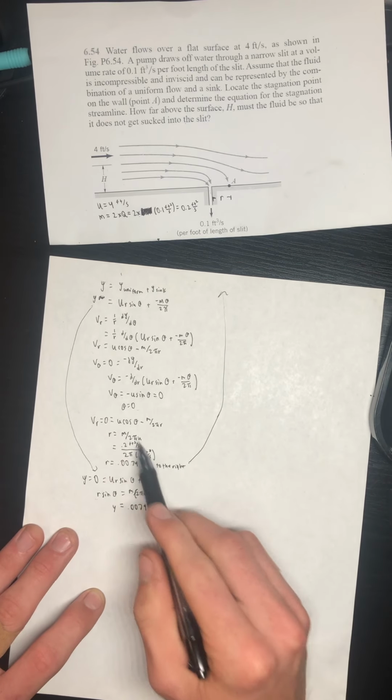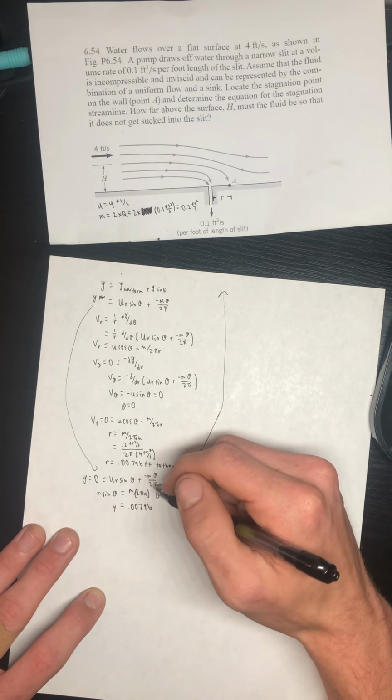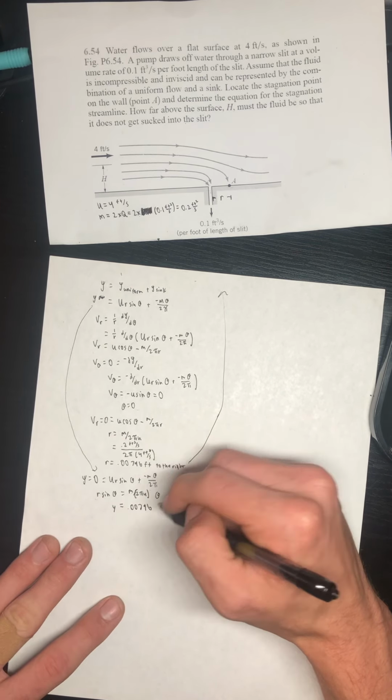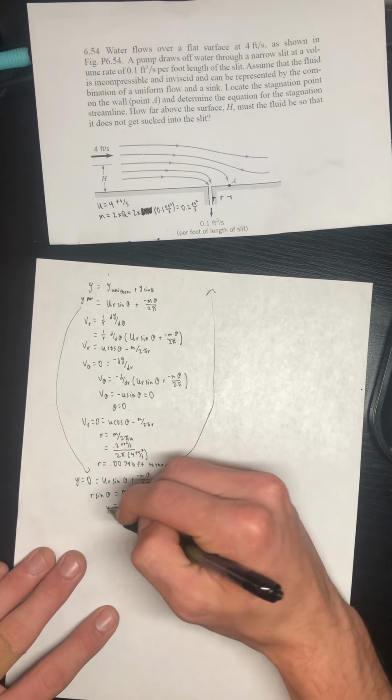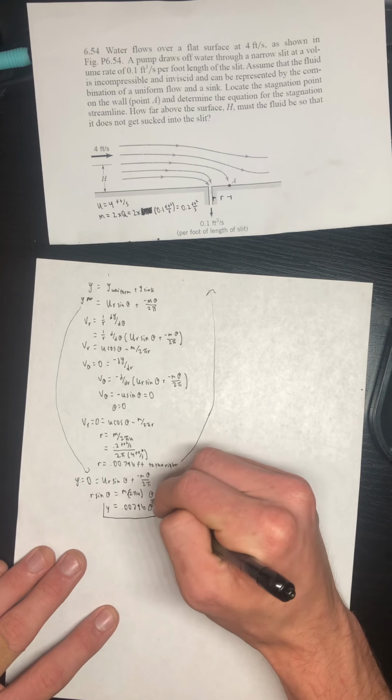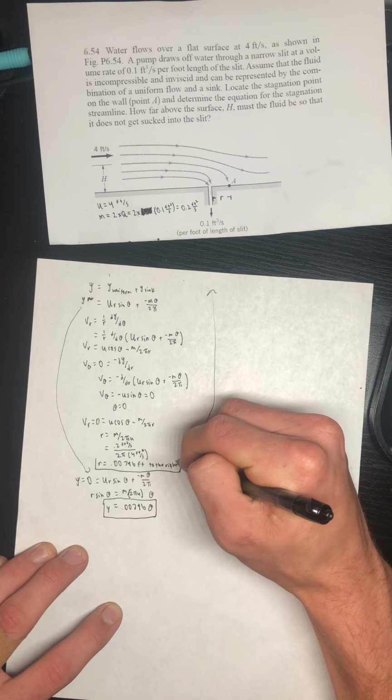Right, let me just make sure. m divided by 2 pi U, yep. All right, 0.00796 theta. So there is our streamline function for the stagnation point.